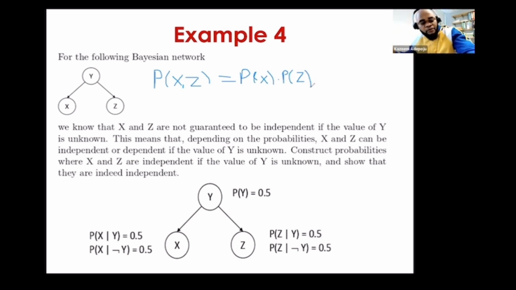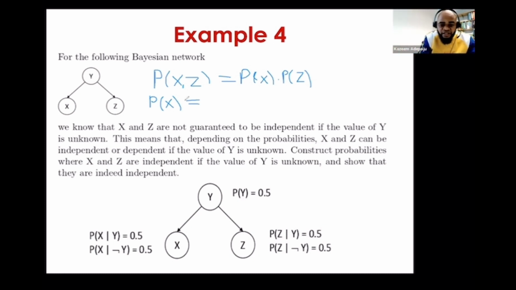So what I want us to do now is, looking at the network, can I first figure out what is the probability of X? According to the network, don't forget X is conditional on Y. So which means I'm basically going to do a total probability.